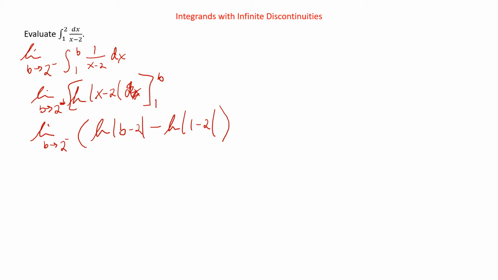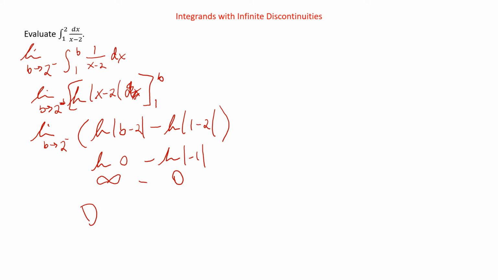So as we go to the 2 from the lower side, we subtract 2. We're going to get a negative, but it's going to be 0. So this can be natural log of 0 minus natural log of negative 1. Natural log of negative 1, or natural log of 1, because we have the absolute value, is 0. But the natural log of 0 is infinite.